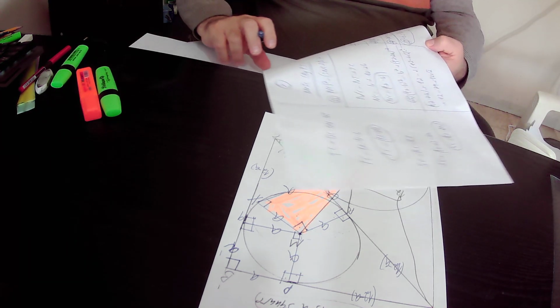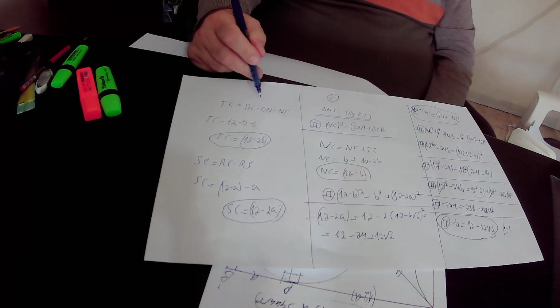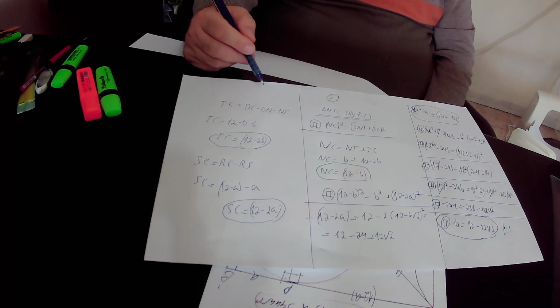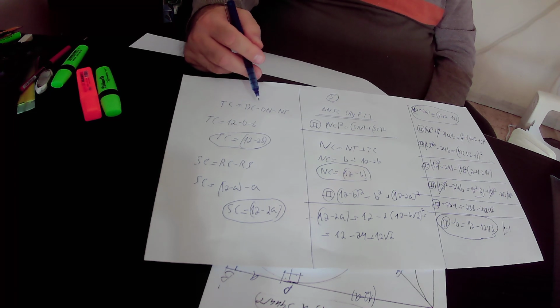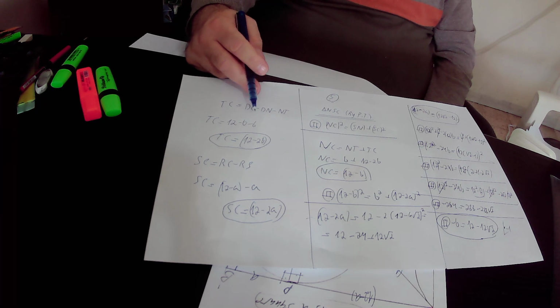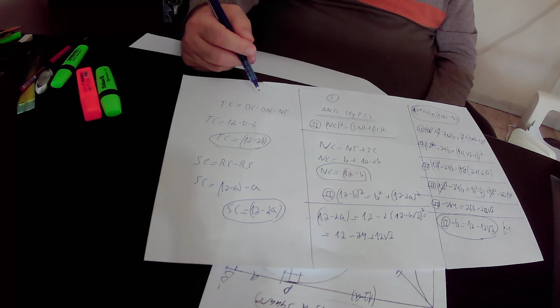Again, TC equals DC minus DN minus TN. This is to say TC equals DC, that is 12, minus DN, that is B, minus TN, that is also B. In conclusion, we found out that TC equals 12 minus 2B.